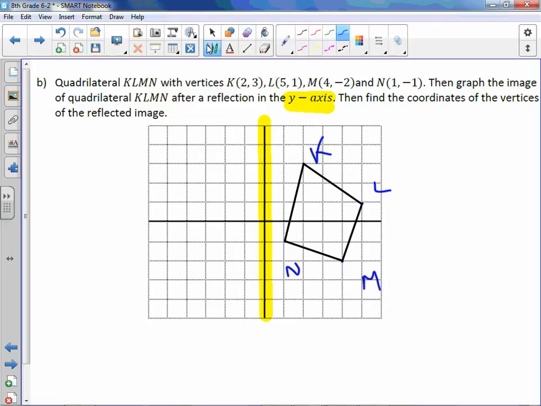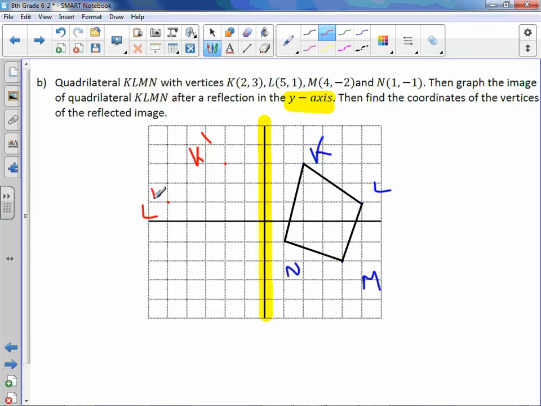Okay. We are reflecting over the y-axis. So I'll start with K. And this time I'm going towards the y-axis. So 2 away, 2 away. That's K prime. L is 5 away, 5 away.